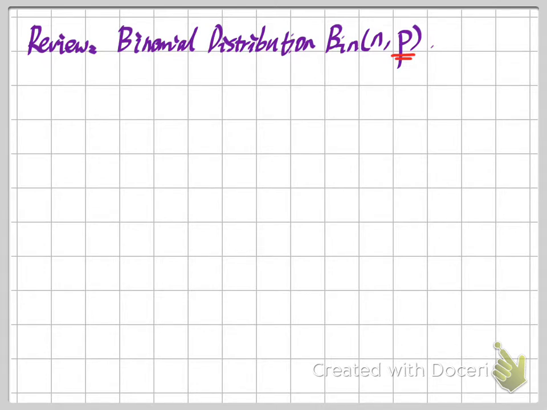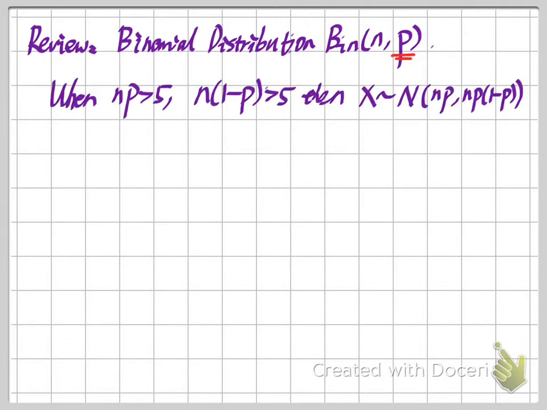Of course, there are different requirements for n being large enough. Whenever you want a more accurate approximation, you need a larger value of n. But in these videos and in our channel, n is large enough when we satisfy these two requirements: n times p is larger than 5, and n times (1 minus p) is also larger than 5.